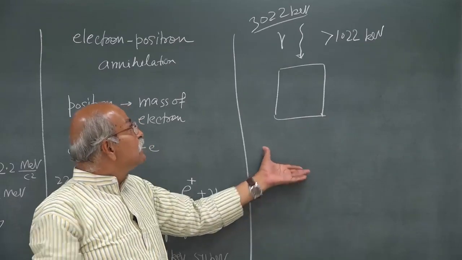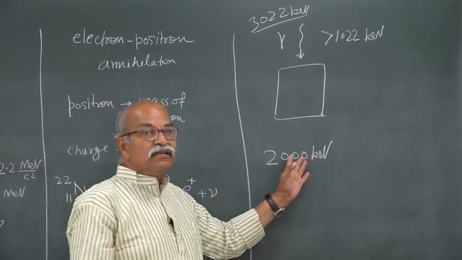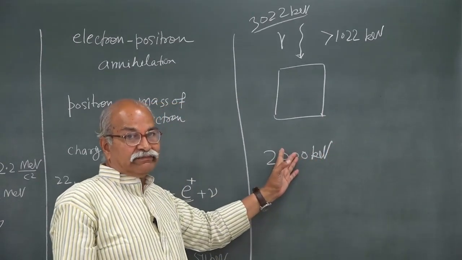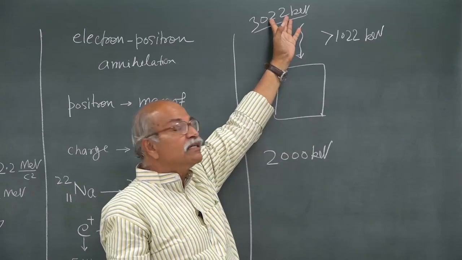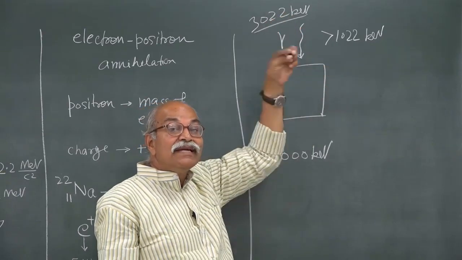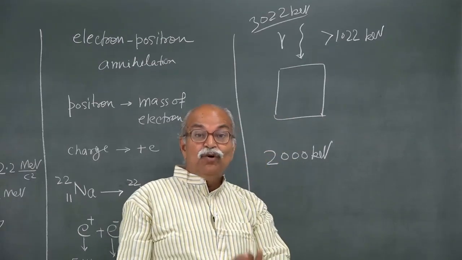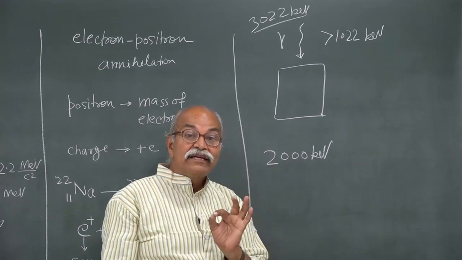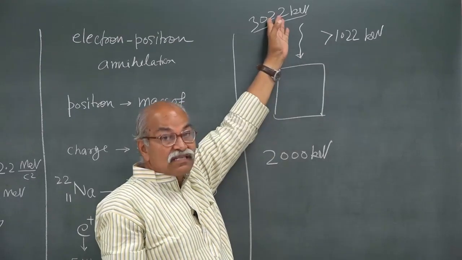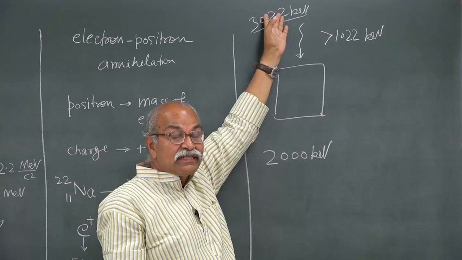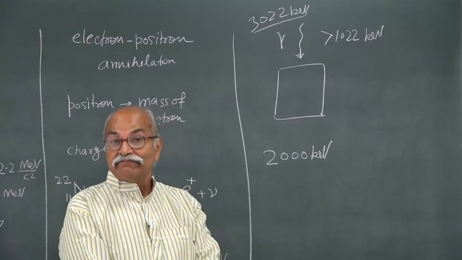Where are these 511 keV gamma rays coming from? They come from the fact that this much energy has been converted into an electron and positron. A new electron and a new positron have taken birth at the expense of 1022 keV, and the reduced energy, which is 2000 keV, appears in the detection system.